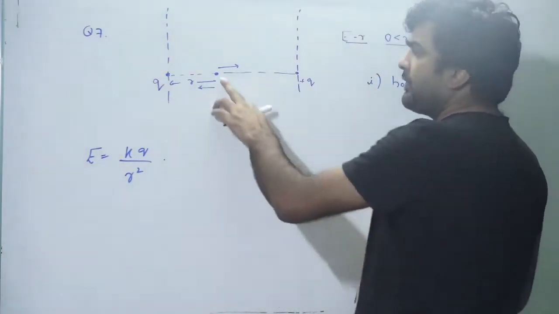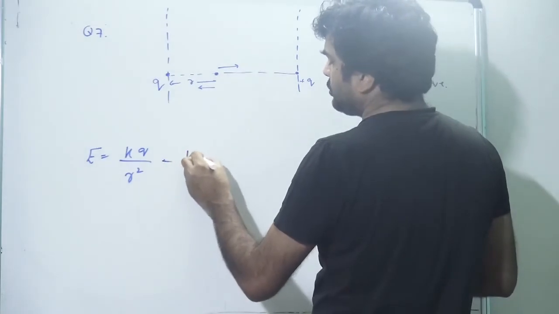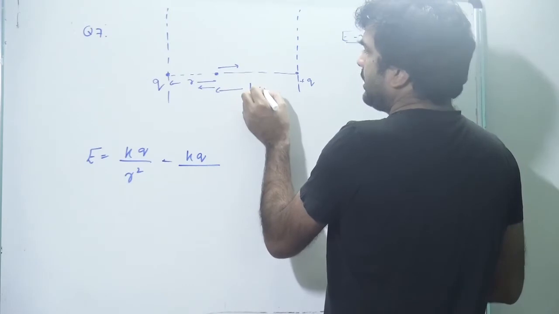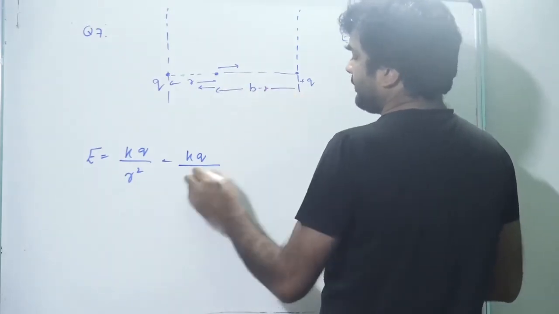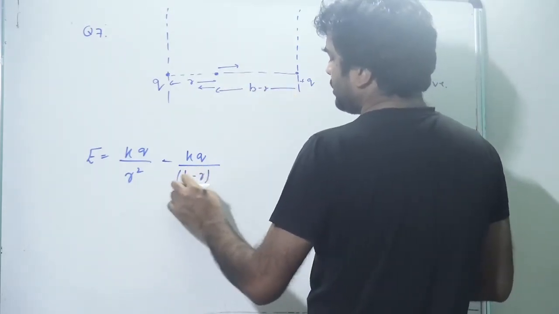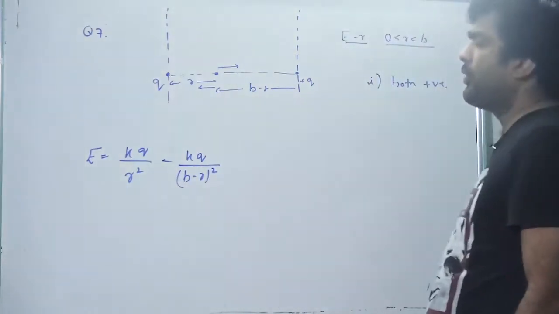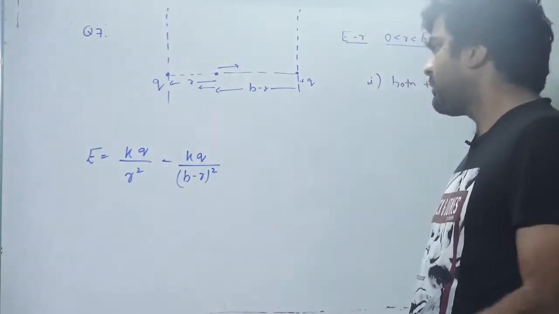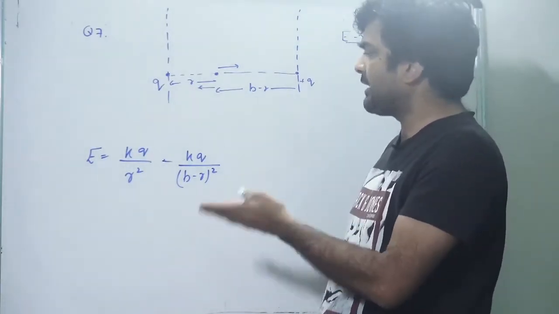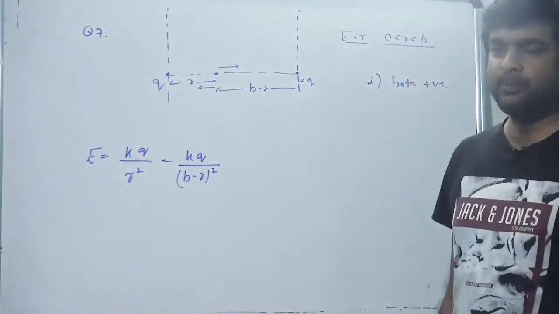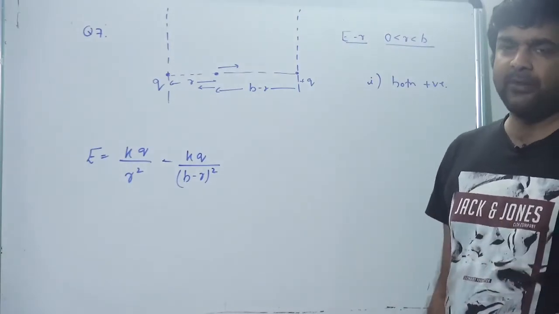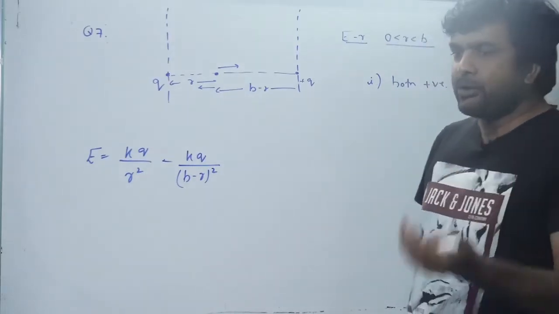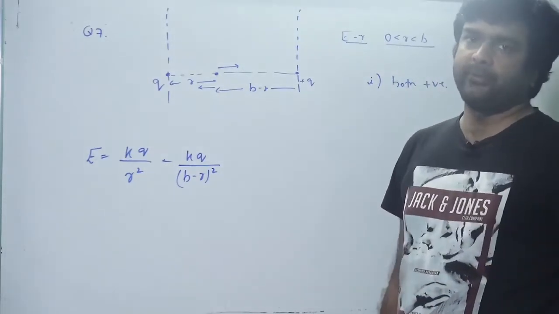So net electric field at this point will be minus kq upon (b minus r) whole square. If we want, we can plot the graph from this equation, but there is no need. We can simply get the nature of the graph just by analyzing the magnitude of electric field at different points.